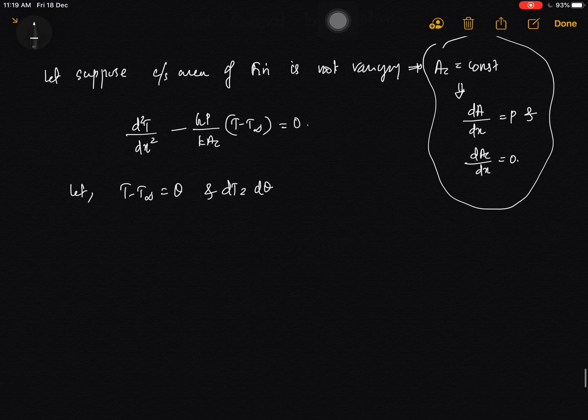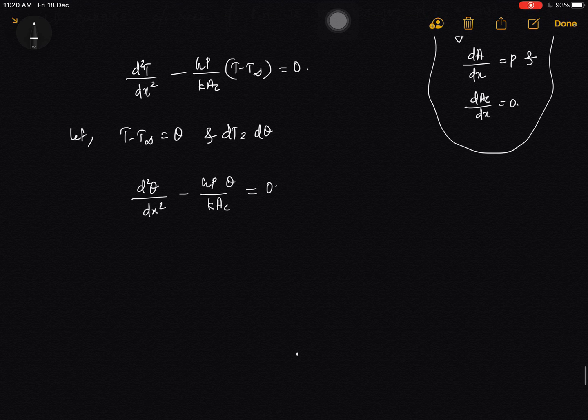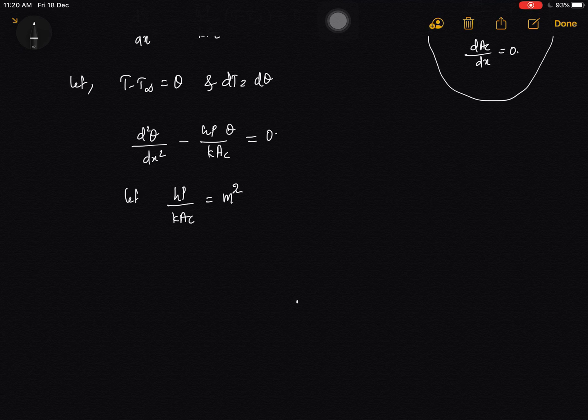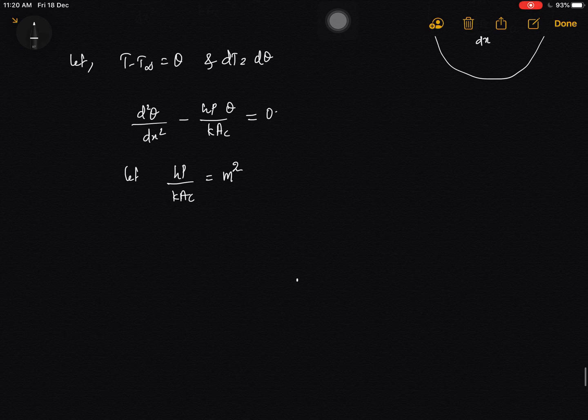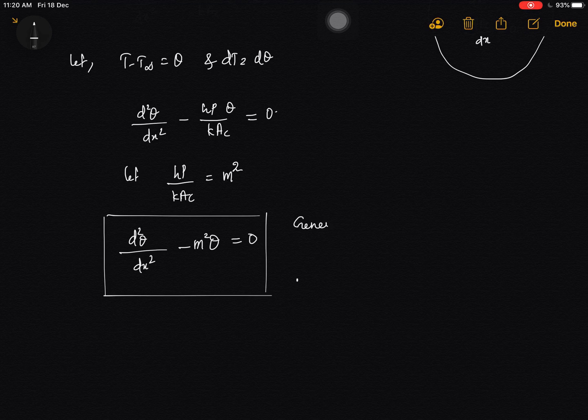For this equation, let's suppose T minus T infinity is equal to theta and dT is equal to d theta, and we can rewrite this equation as d²theta/dx² minus (hP/(k Ac)) into theta equals 0. Let hP/(k Ac) be some constant, the fin parameter, that is m squared, where m is the square root of this fin parameter, and we can rewrite this equation as d²theta/dx² minus m² theta equals 0.